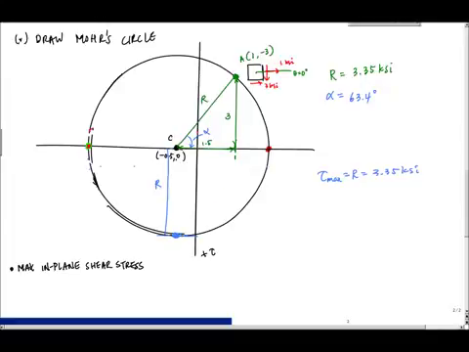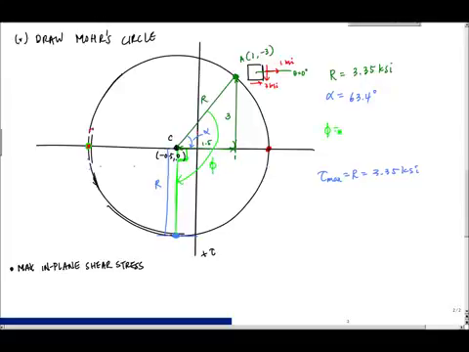There's my 3.35 KSI. The angle for this line right here is alpha plus 90 degrees. Let's call this angle phi.